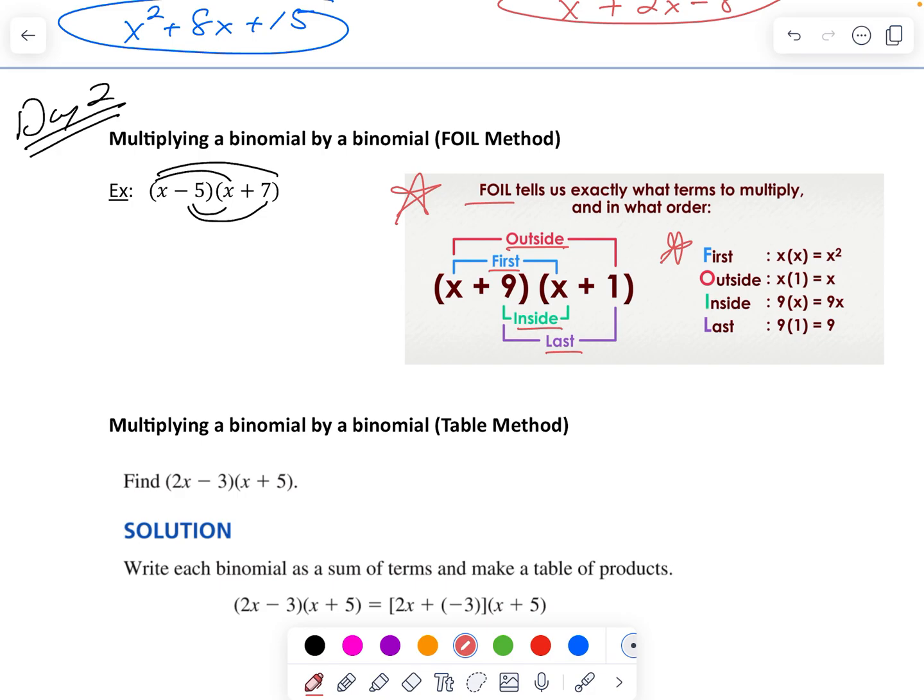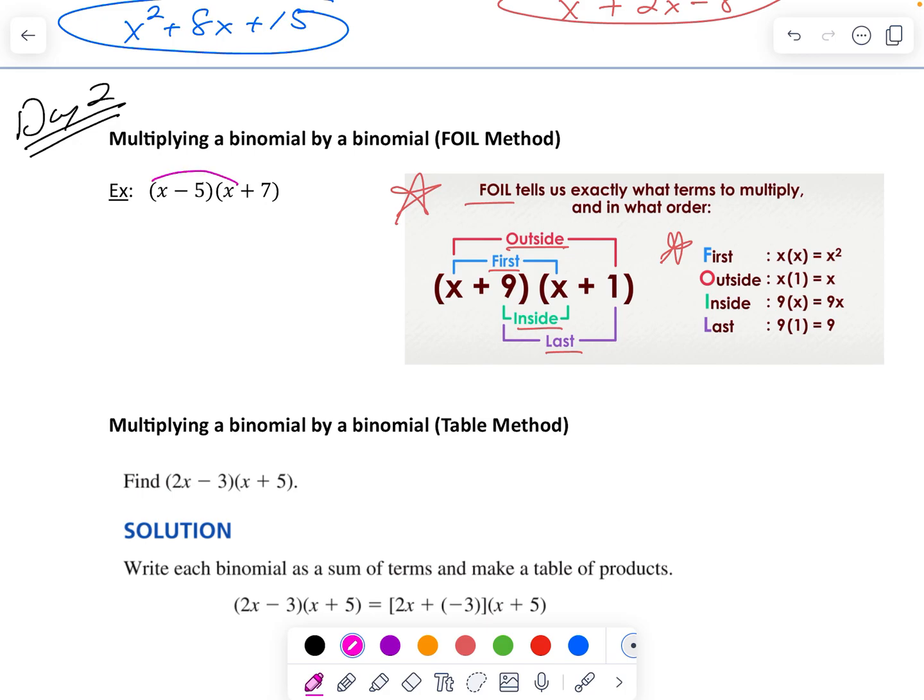But sometimes, and you'll see in the future, it helps to have ways to describe it. So the first terms, the outer terms, the inner terms, the last terms. I will be using those words from now on to describe how we distribute. So it helps to keep you organized.